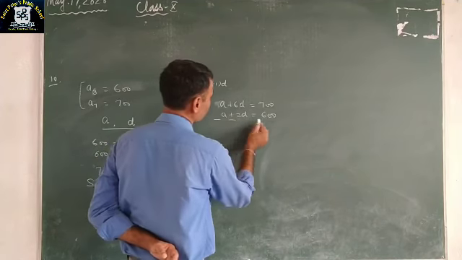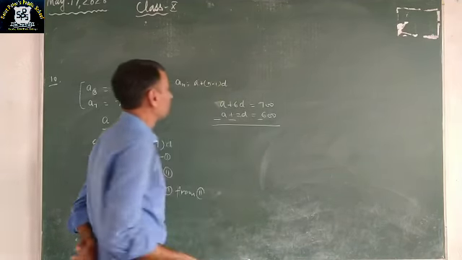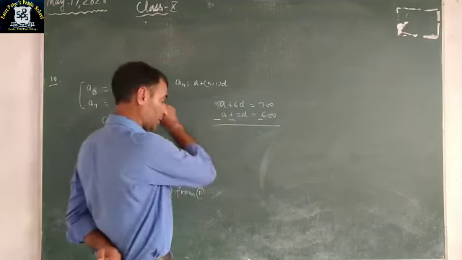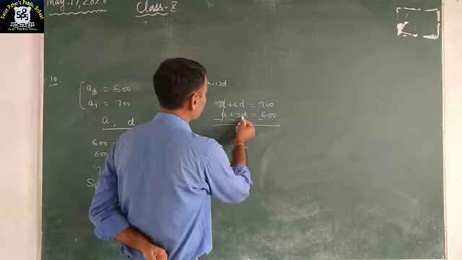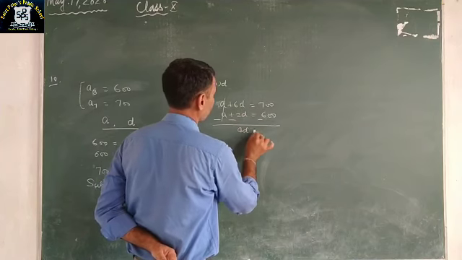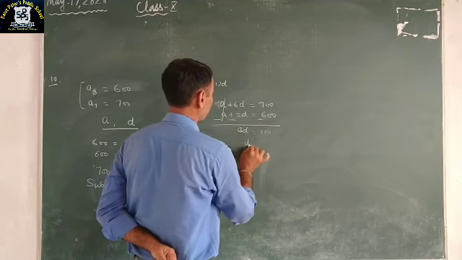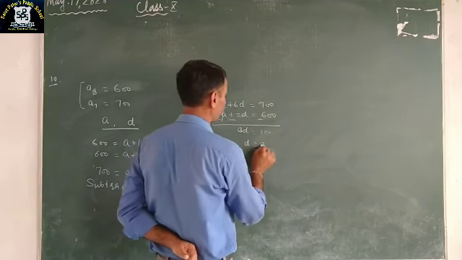When you subtract this, the signs will change. So 6D minus 2D, it will be 4D is equal to 100, or D will be equal to 100 upon 4, it's 25.